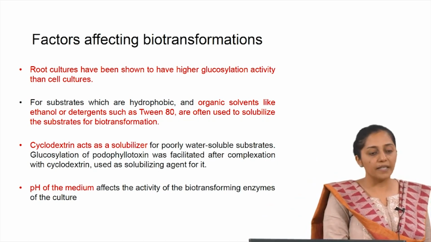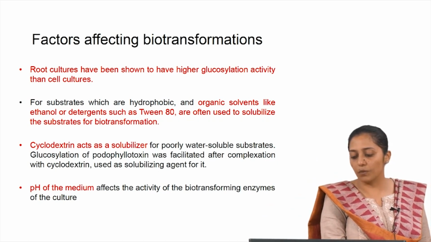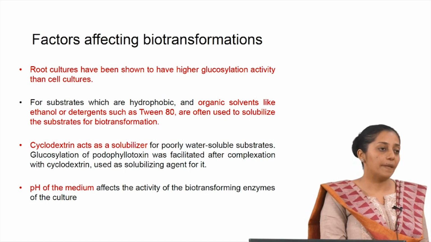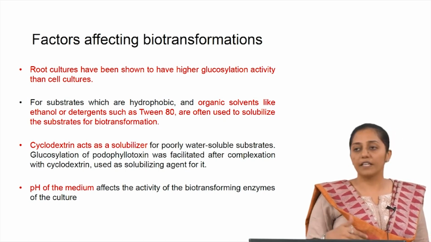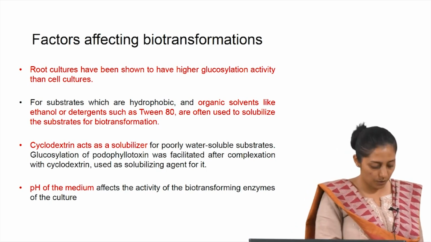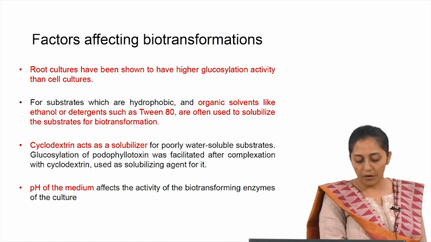So, cyclodextrin acts like a solubilizer for poorly water-soluble substrates. Glucosylation of podophyllotoxin was facilitated after complexation with cyclodextrin. As it is, it cannot be taken in, it may be toxic, but when you complex it with cyclodextrin, it was able to get glycosylated.